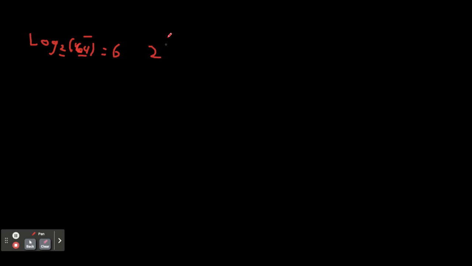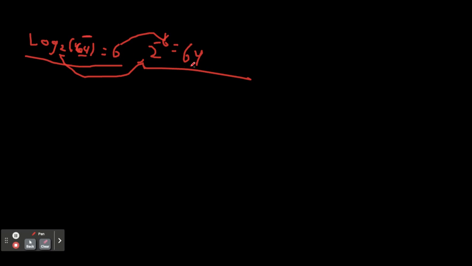And if you do 2 to the power of 6, you will get 64. Look at that. So this number is your outcome, this number is your base, and this number is your power. So in log, you're literally inversing your exponential function. Funny how that works.